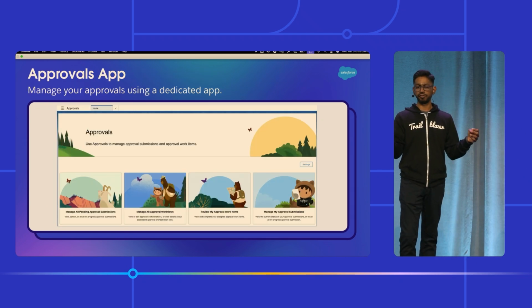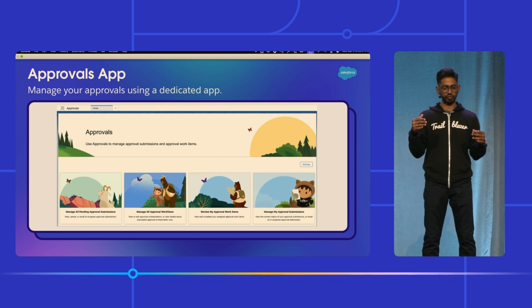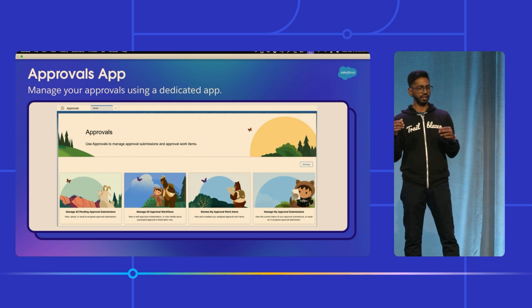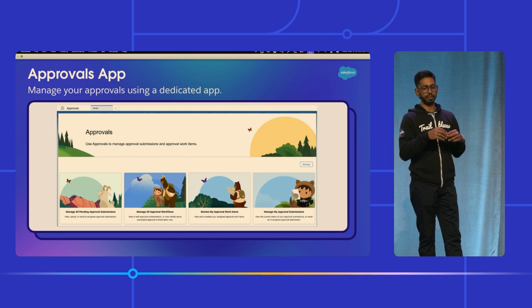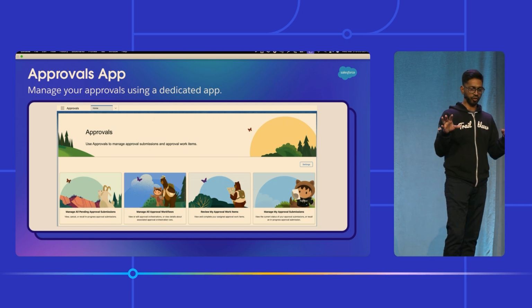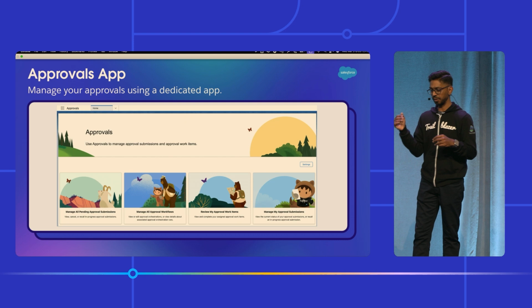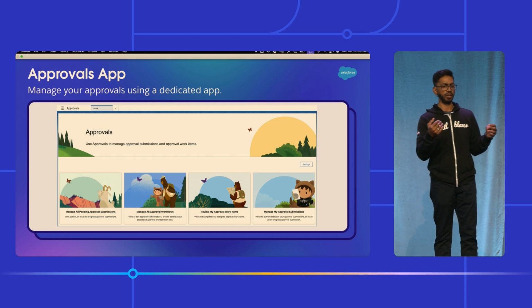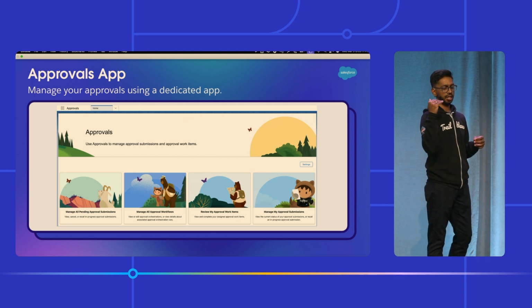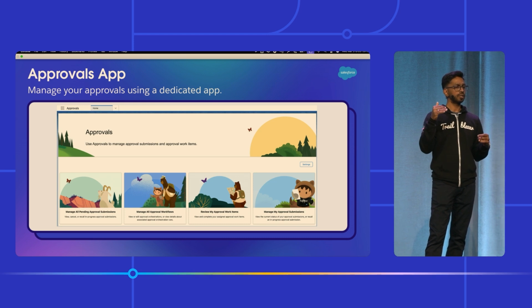This is a groundbreaking feature. We've built a new app from the ground up just dedicated for approval needs. You'd be able to manage everything approval-related from this app, be it looking at all the pending approval submissions. If you're a process owner, you want to look at all the pending approval submissions, you can do that. You can also manage all the workflows.